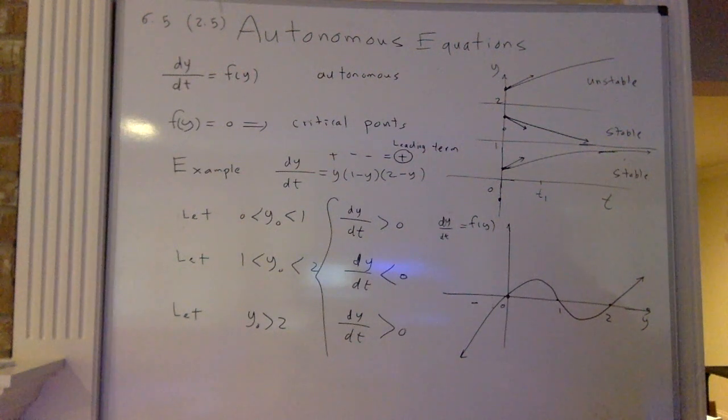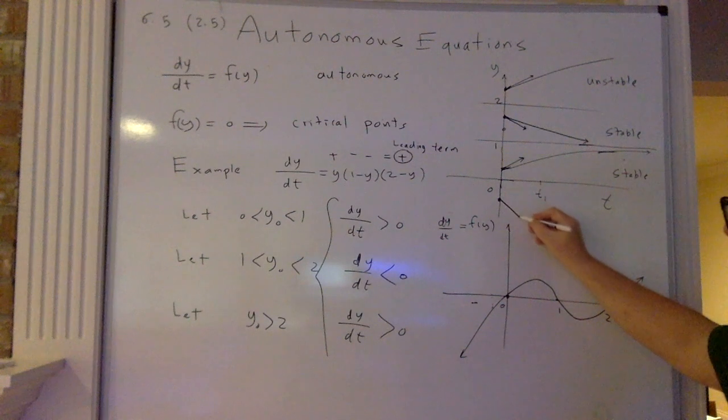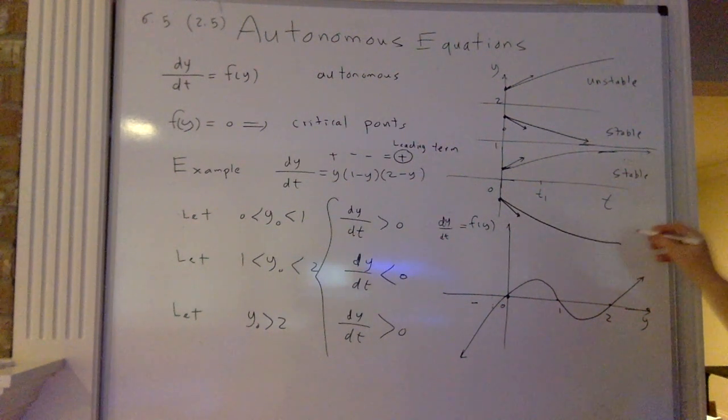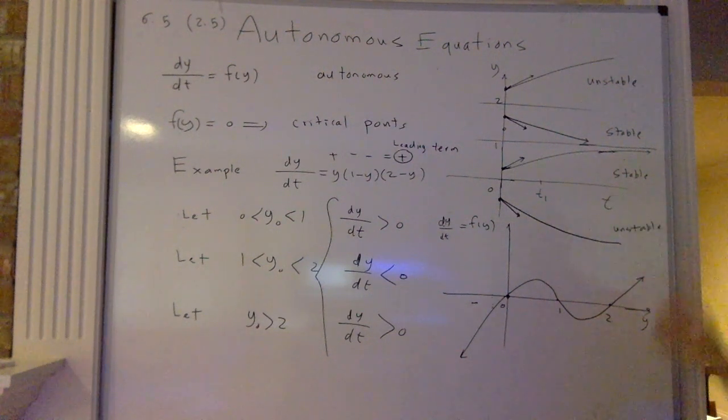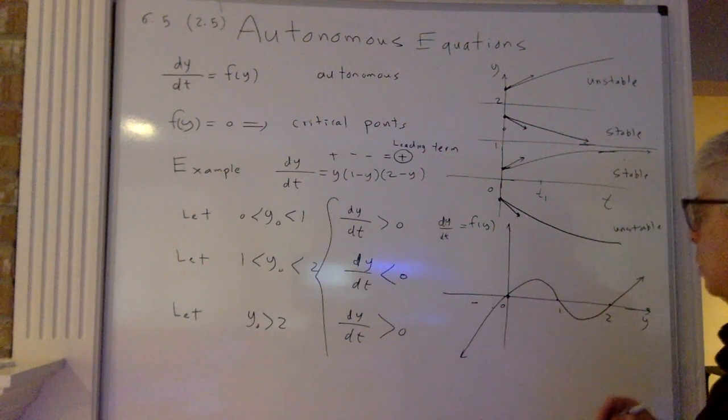Negative here means that the slope is like this, which means if it starts here, it goes to infinity. So this is also unstable. Right? How about here, between 0 and 1?